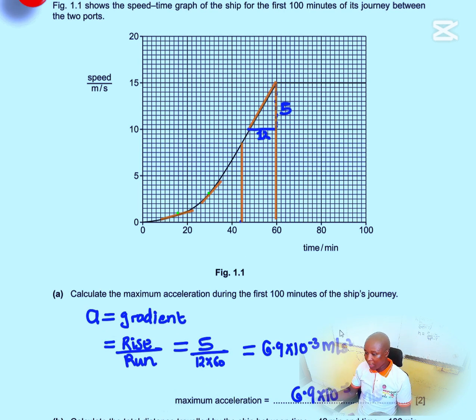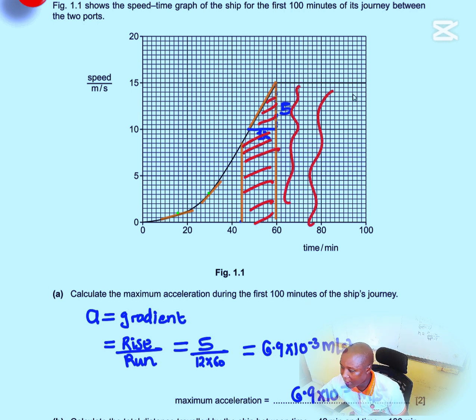So we are told to consider 42 seconds all the way to 100 seconds, which means we are going to work out the area of this section here. I subdivided it so that I work out the area of this trapezium, and then the area of this rectangle in this particular section, so that I add the two areas together.